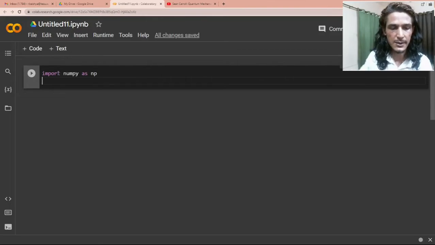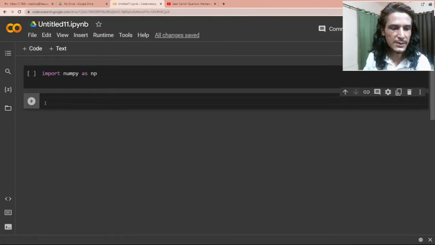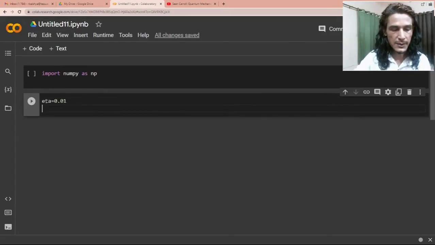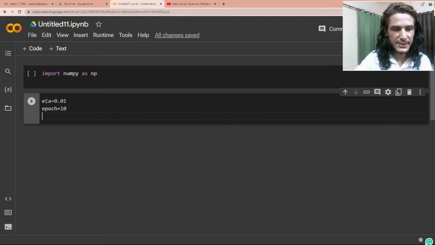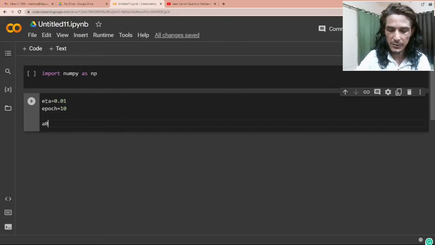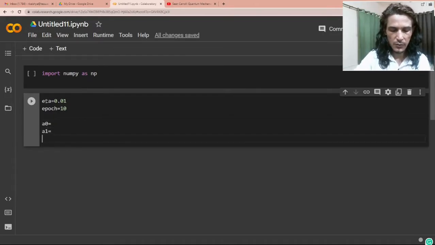And what's next that we want? Okay, let's start with the hyperparameters. Eta equal to 0.01, say, and the other one is epoch equal to, say, 10. We will obviously increase it, but for the time being, let's say 10. And we have A0 equal to some value, A1 equal to some number, and then the desired output as some number.